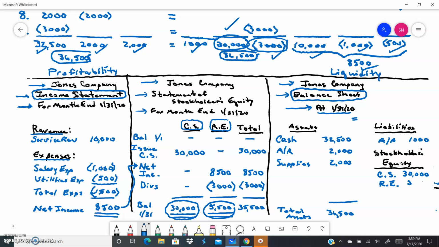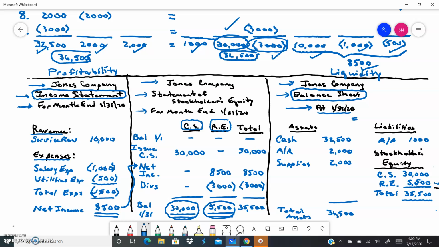But in the book, you'll see how that's spelled. That's 55. And so we have total stockholders' equity. I'm not going to write that all out right now. $35,500.